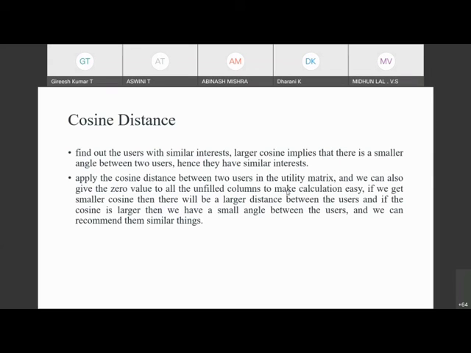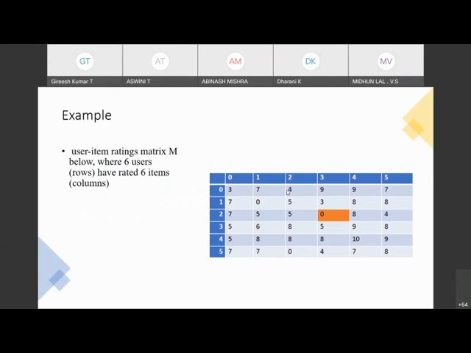I'll explain. Now just assume that this is the data set. This data set consists of 6 users and 6 items. An item may be a film or whatever it may be. Here you can see the users: user 0, user 1, user 2, user 3, and the items: item 0, 1, 2, 3, 4, 5.